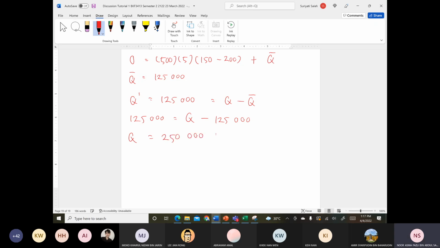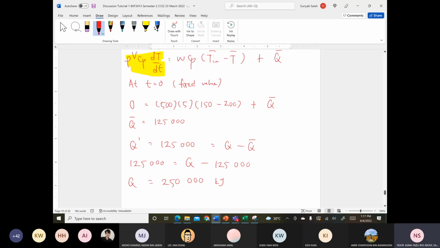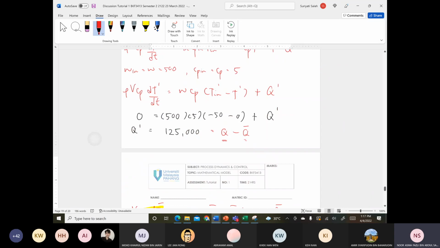Alright. So the heat required for the given system to reach T in at 100 and maintain T prime will be 250,000. This is the answer for question B.